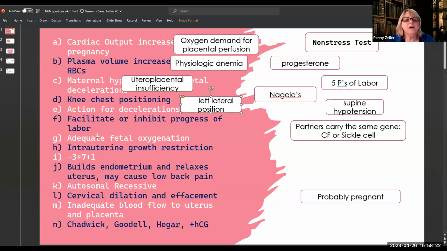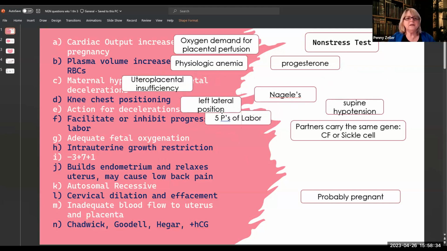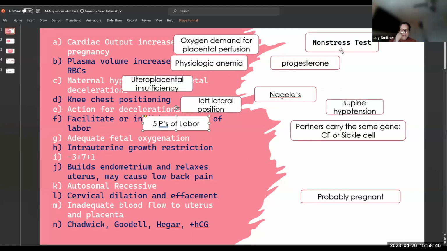Okay. What about facilitate or inhibit progress of labor? The 5 Ps. Yes. The factors that can enhance or cause problems during labor. Adequate fetal oxygenation. Is that the non-stress test?